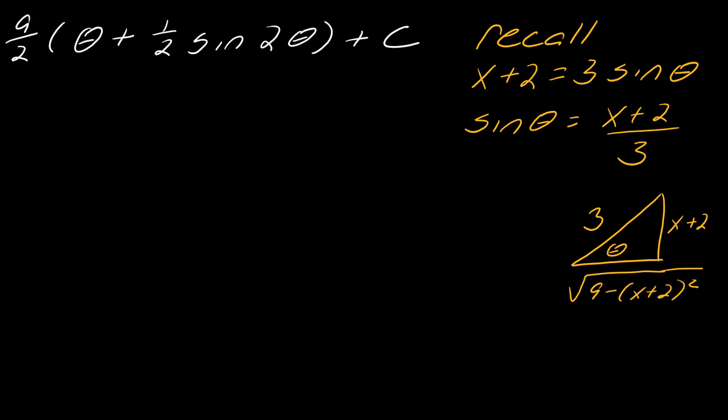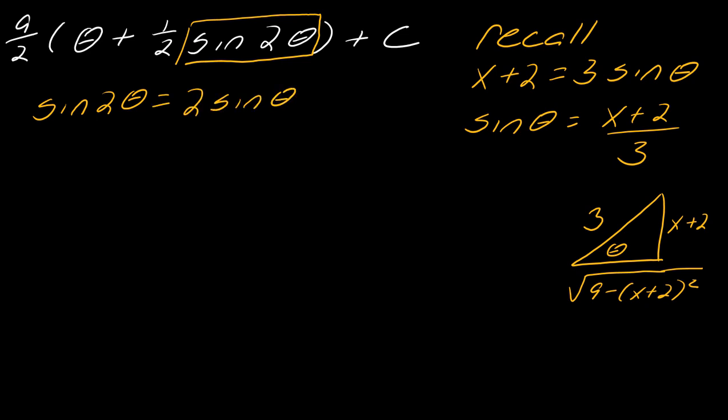Now, this right here is a classic trig substitution trick in that you need to know that sine 2 theta is equal to 2 sine theta cosine theta. This particular identity gets used a lot with trig sub, so it is something that you should really know.